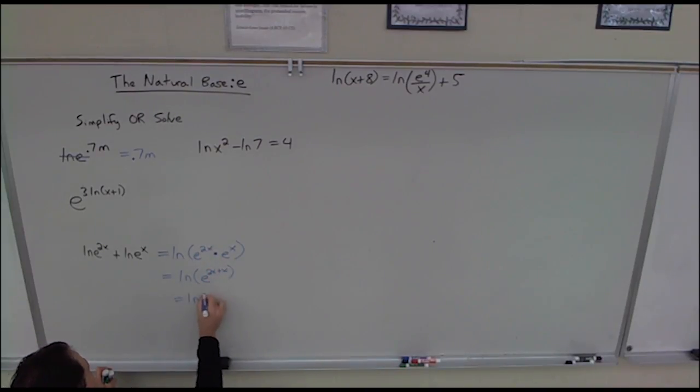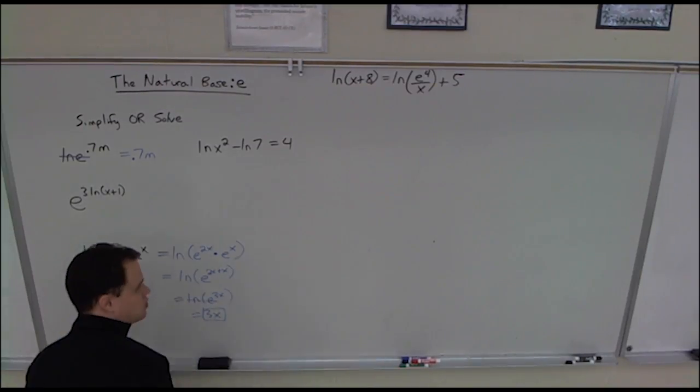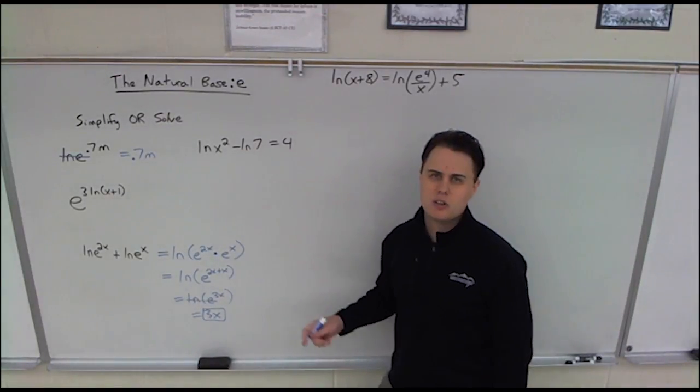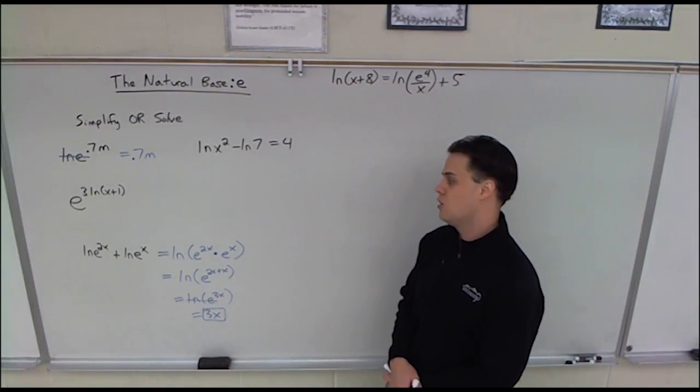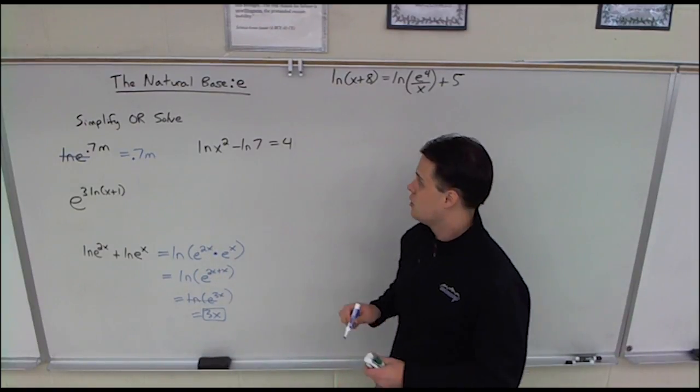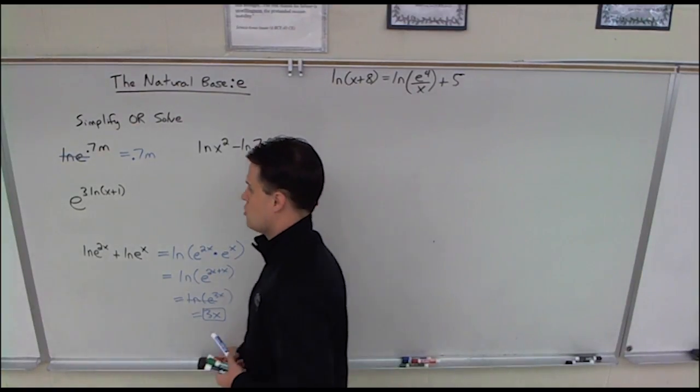So that's the natural log of e to the 3x. Natural log and e inside of one another are inverses. They cancel out. You get 3x again. So probably easier to go about it the other way. I liked reviewing the rule of logarithms and that rule of exponents as well, so that's why I did it this way this time. All right, let's solve a couple equations.